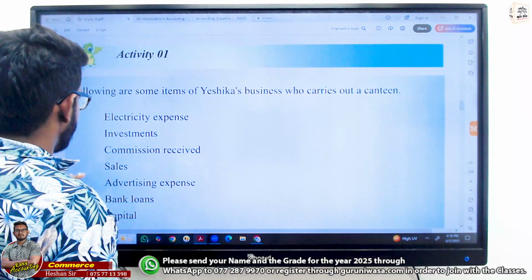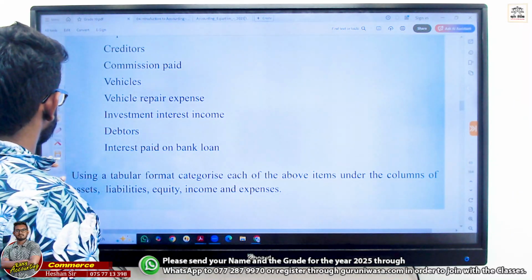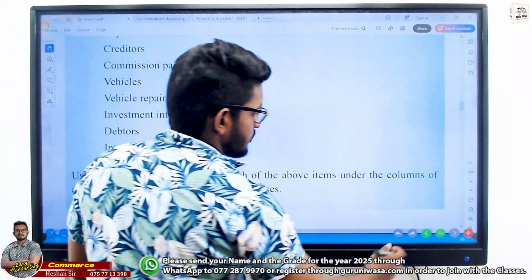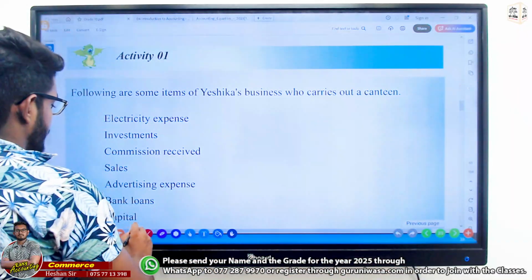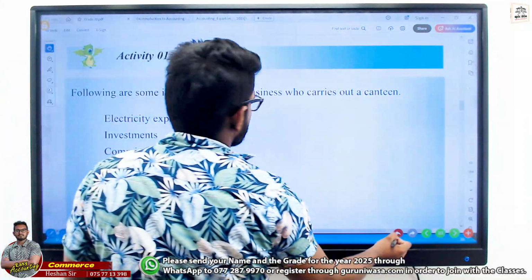Activity 1, page number 55. So in your writing book, write activity 1, page number 55.